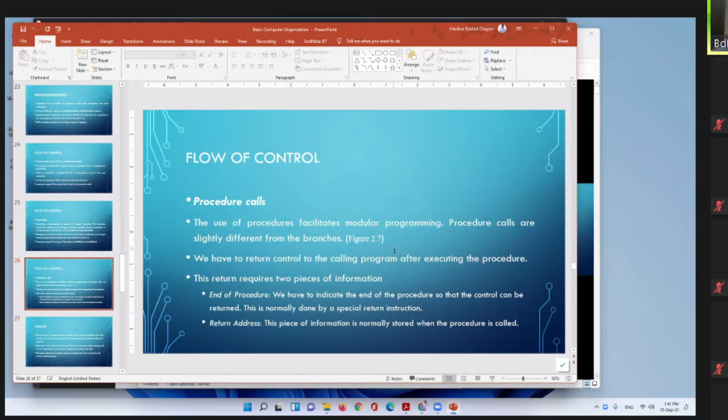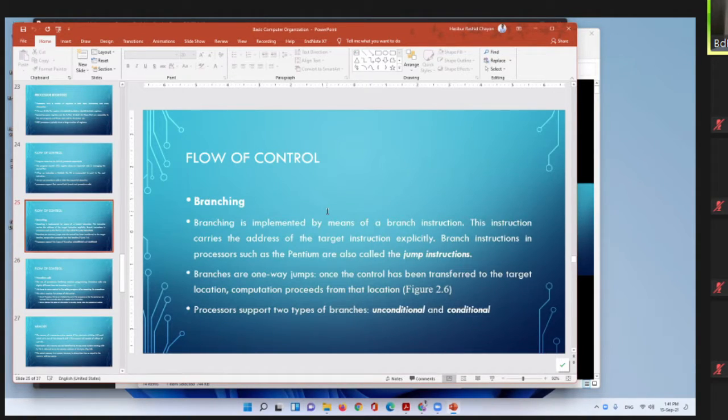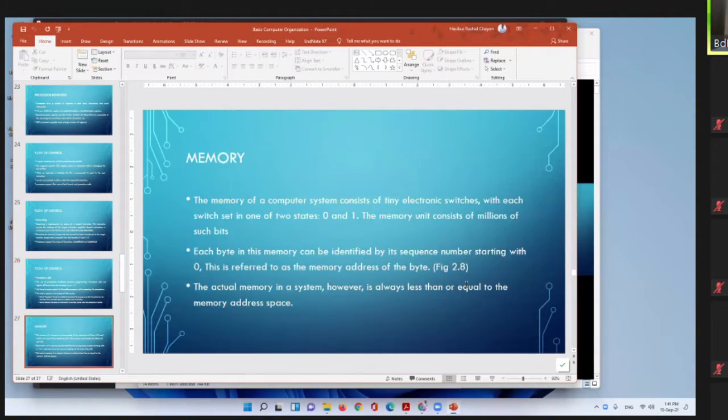By procedure calls and branching, the processor controls the flow of tasks, because we have just one processor, but there are thousands of processes running at the same time. So the processor needs to control it. These are the two ways we can control.